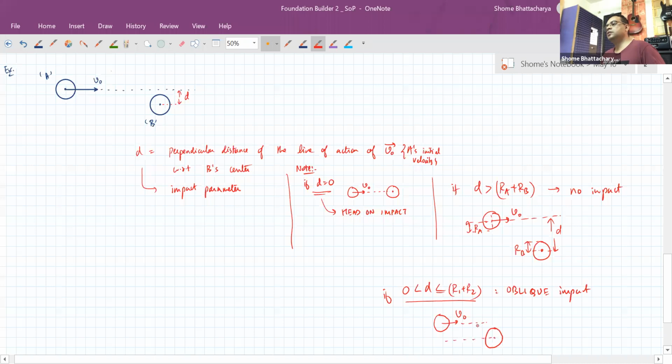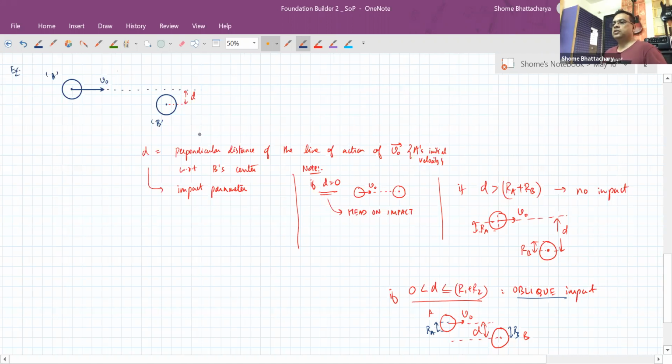Here you can see that this distance D is less than the sum of Ra plus Rb, because Ra would be this distance here and Rb would be this distance here. So there is an oblique impact as long as D is greater than 0 but less than the sum of these. So first of all, this is the term called impact parameter.